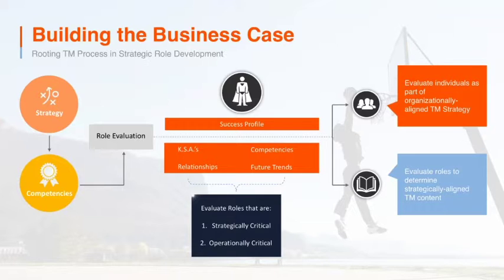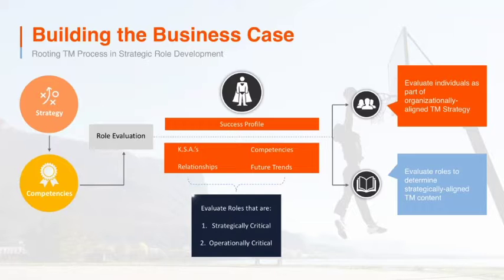So I'll pull an example from my industry in healthcare. Let's say that we've identified the nurse manager as a crucial role in the organization, both strategically and operationally. My work would then be to start to craft a success profile of that role. What are the knowledge, skills, and abilities that role needs to possess?